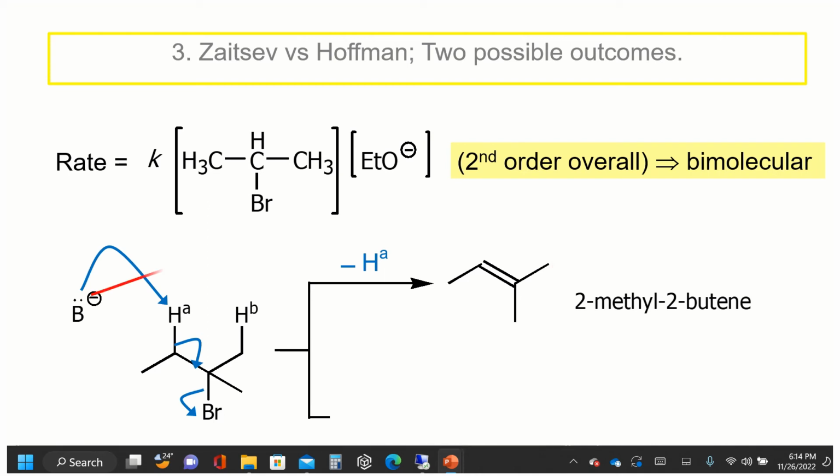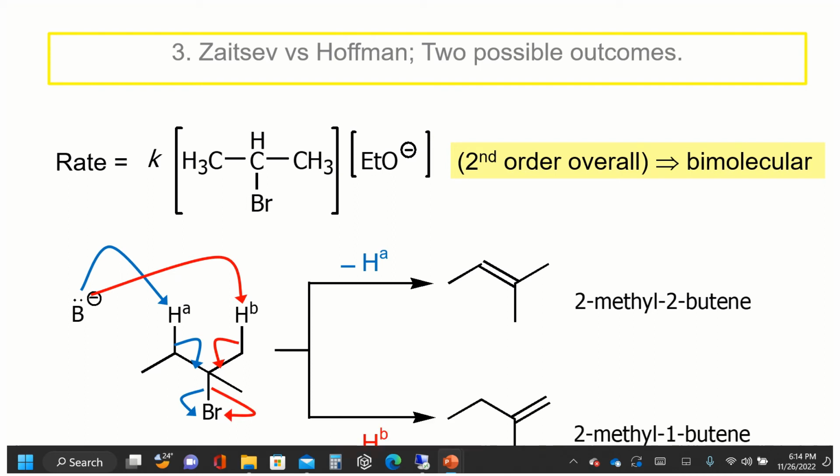If we eliminate HB, we end up with an alkene with only 2 groups surrounding it. Therefore, HA will dominate with a normal base, because this will give the more substituted alkene. This is Zaitsev's rule. We will look at examples of where we will end up with a Hofmann.